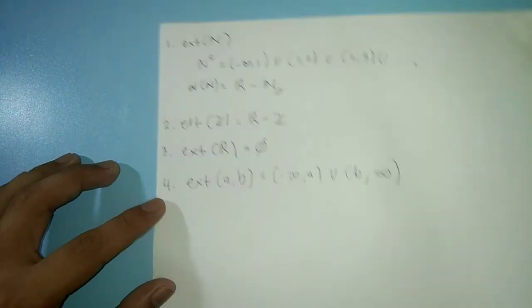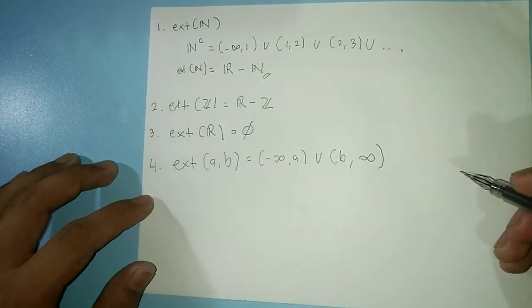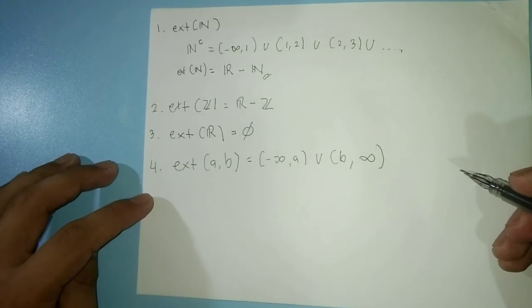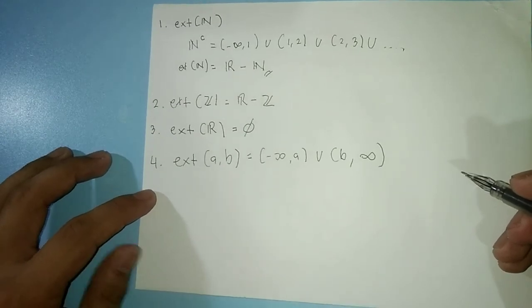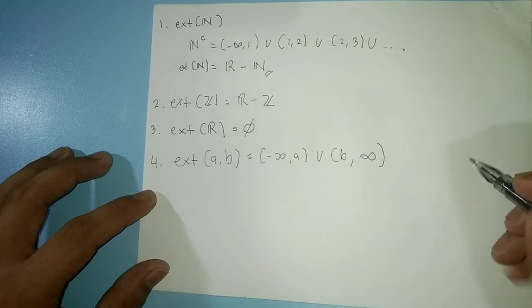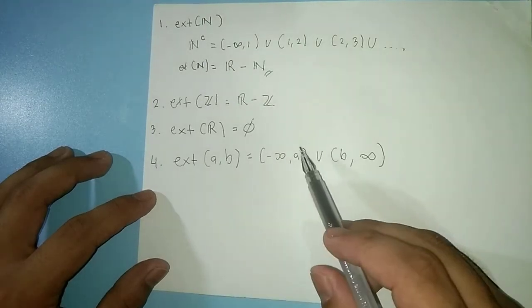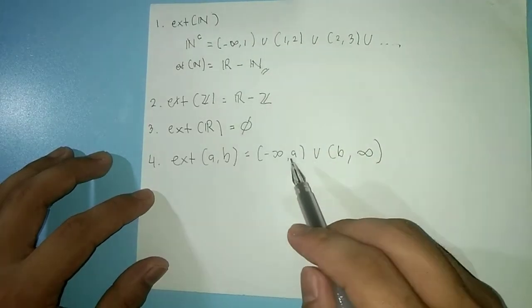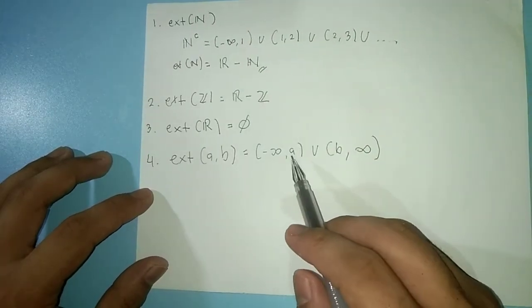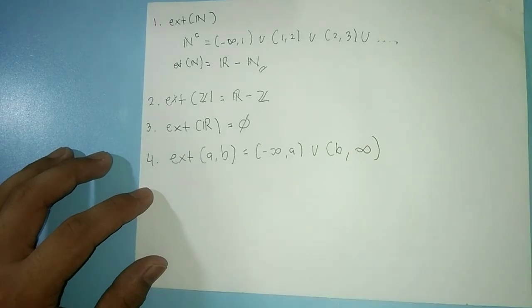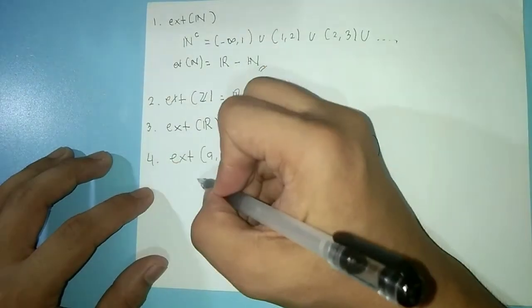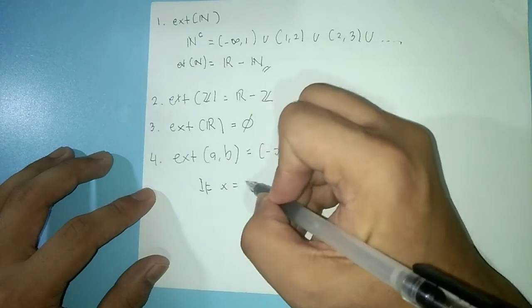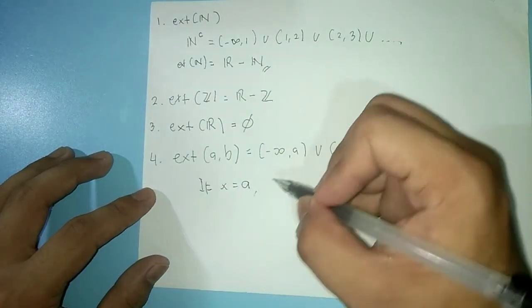Sir, teka lang. Akala ko ba sabi mo kanina, kapag exterior ng isang set, yung complement lang niya. Eh, di ba ang complement neto ay dapat naka-close to? So, bakit open yan? Okay? So, kapag close kasi natin yan at sinama natin yung A sa exterior point, so if x equals A, magkakamali kasi tayo dun eh.